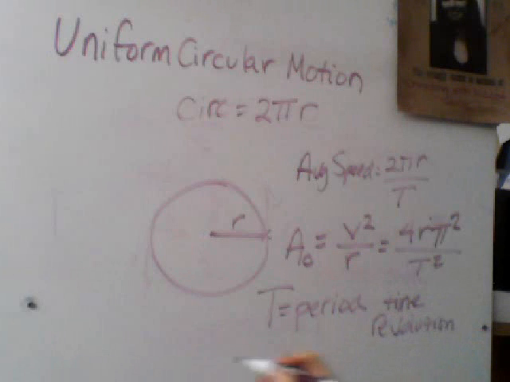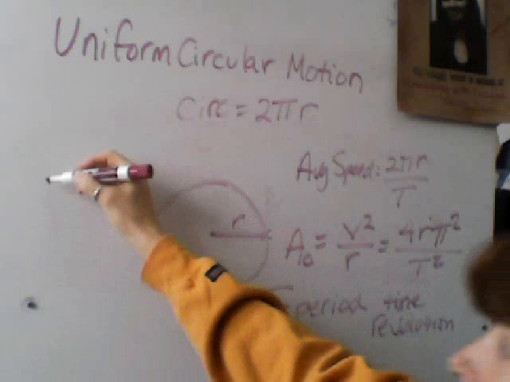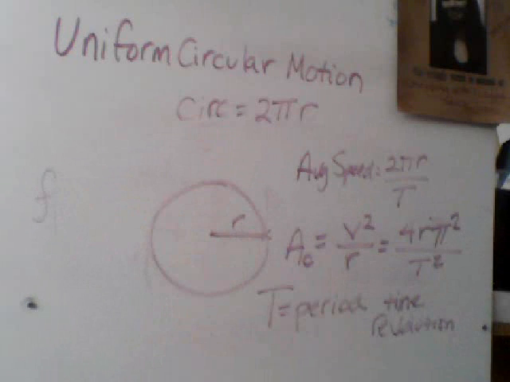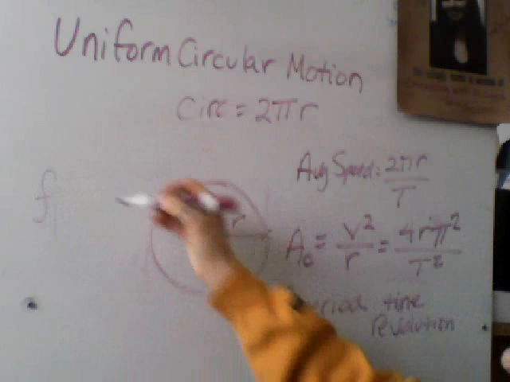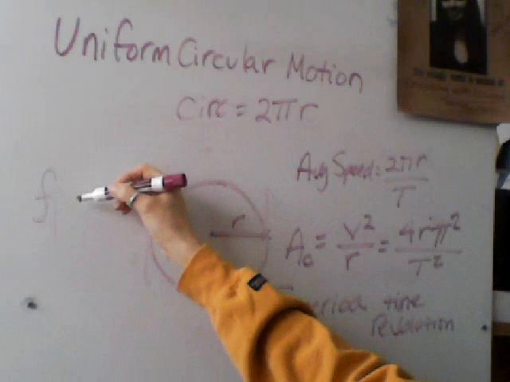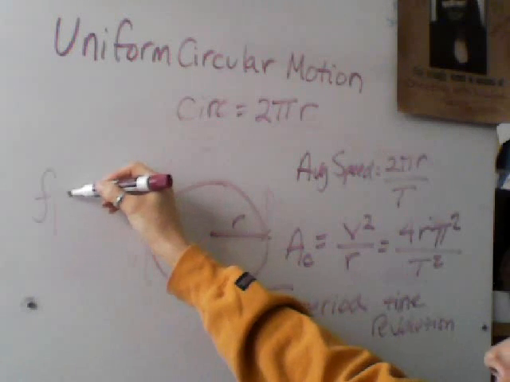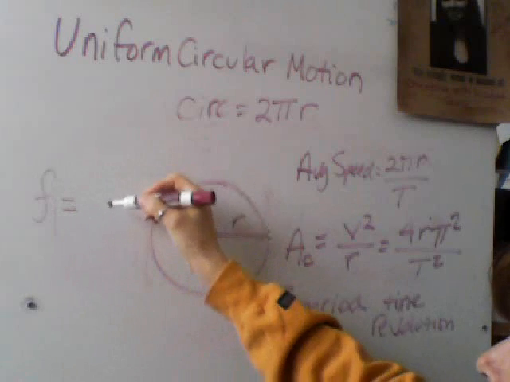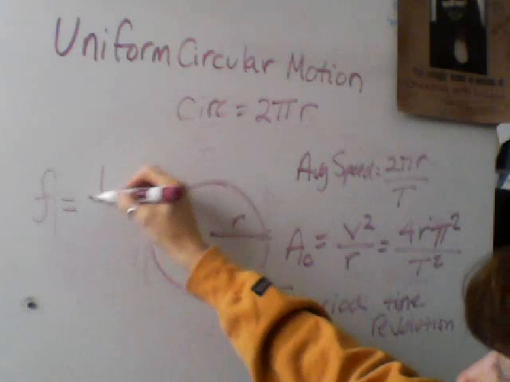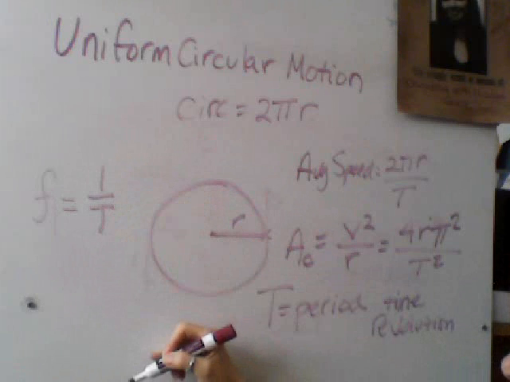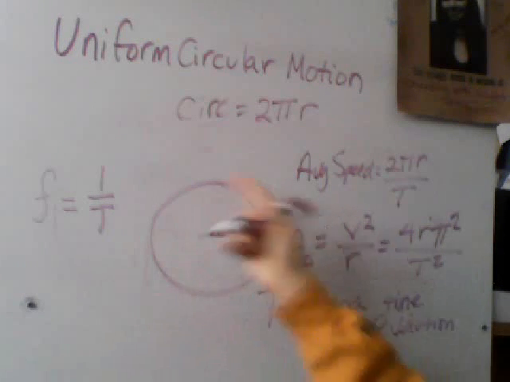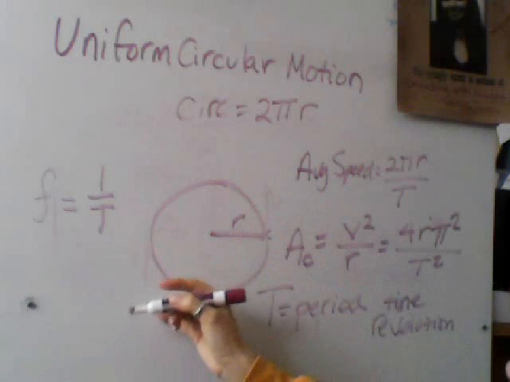The other thing that can be helpful when we're talking about circular motion is the frequency. So those of you that took chemistry, hopefully you remember a little bit about light. We'll get more into this when we get to our light unit in physics. But frequency is the relationship of 1 over the period, and it is the number of trips it makes per second.